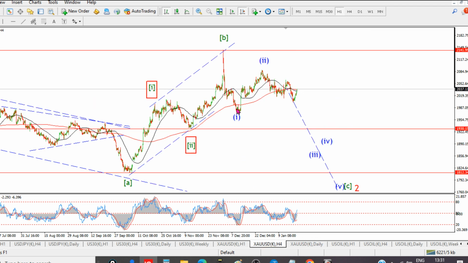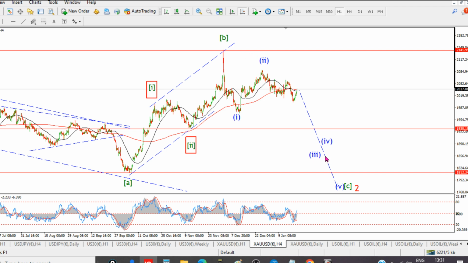On the 4-hour count, you can see that's the wave B top. I suppose that alternate count is still possible here, but once we break that 1930 level, we will pretty much rule out that alternate count. And for the moment, it looks like the market is tending to head that way.